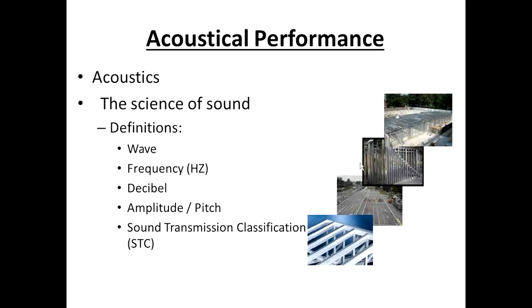A normal office environment is considered to be in the range of 40 to 60 decibels. One of the neat things about acoustics is that the range of values is extremely huge, and to work with it, acousticians have gone to logarithms, base 10 logarithms, to make it more linear in being able to determine sound transmission classification and other items.